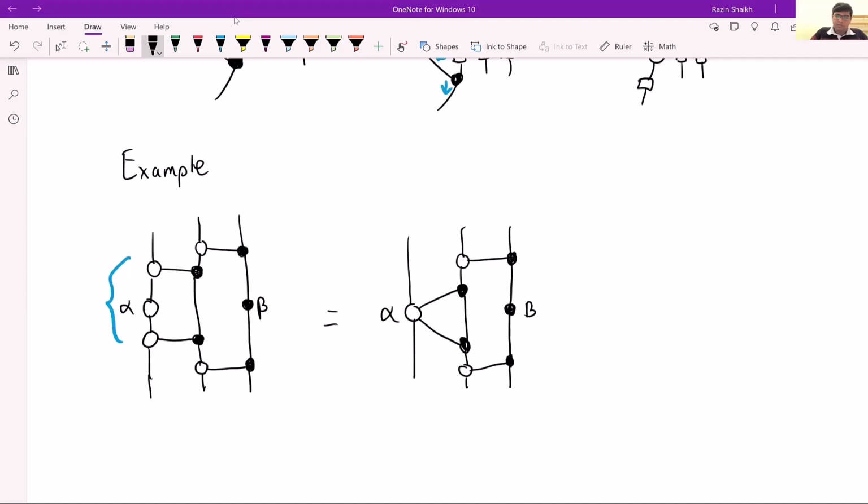I can fuse the X spiders here. So the black ones here I can fuse again. Using that will give me alpha connected to the X spider with 2 legs.